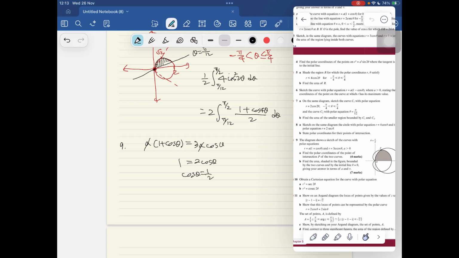So polar coordinates: when theta is pi over 3 and 5 pi over 3. So P is pi over 3 comma. When it is pi over 3, 3a over 2.